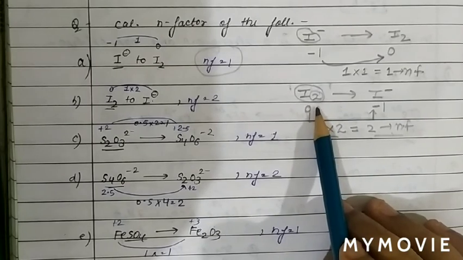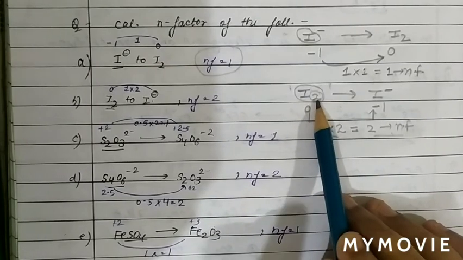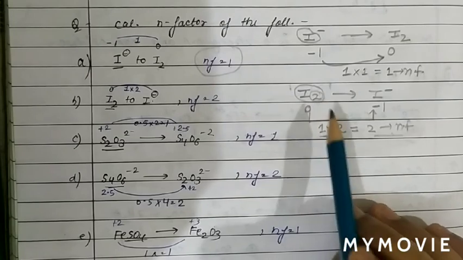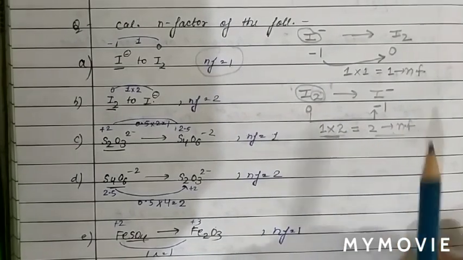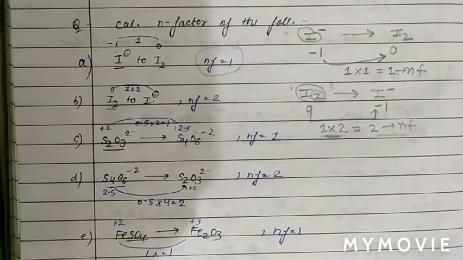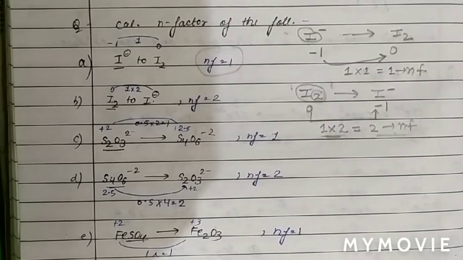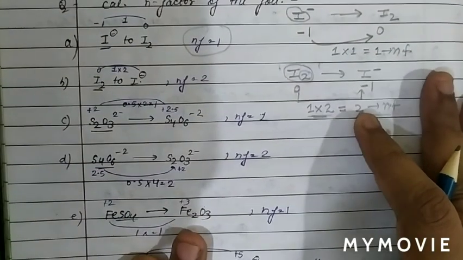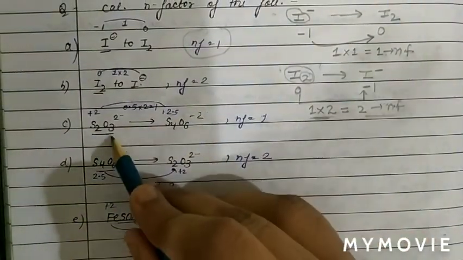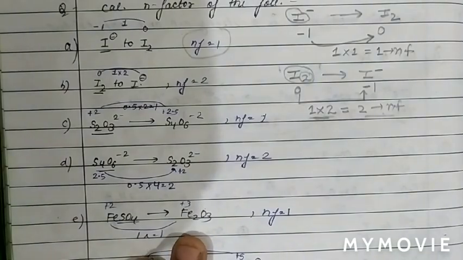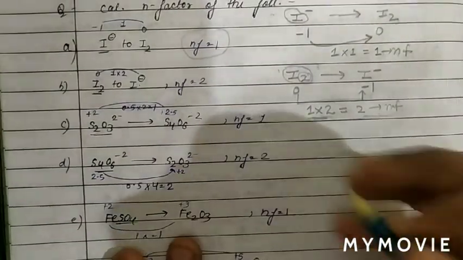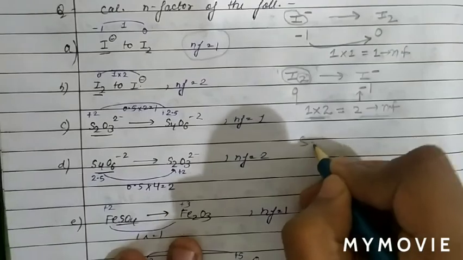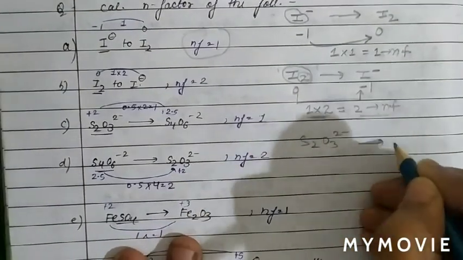Now see the next question. Calculation of n factor. Next question is when S2O3 2 minus changes into S4O6 2 minus. See, when S2O3 2 minus changes into S4O6 2 minus, you can see the oxidation state of sulfur in this compound is 2.